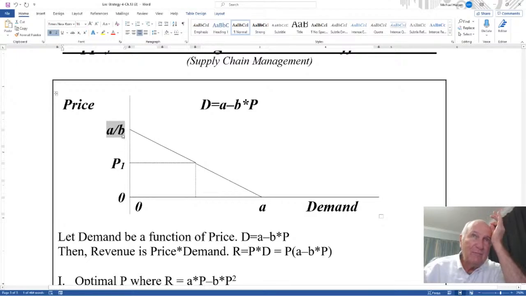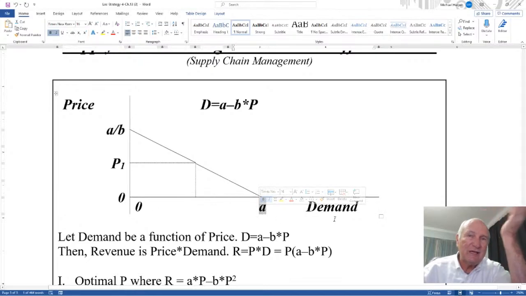No one's going to buy it. But down here, at a 0 price, well, everyone's going to buy it. So this is the actual saturated market. A is the total demand. Okay, here is the top price, and here's the max demand. Okay, the demand can go from here down to 0. The price goes here down to 0.